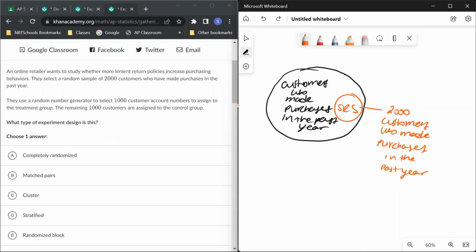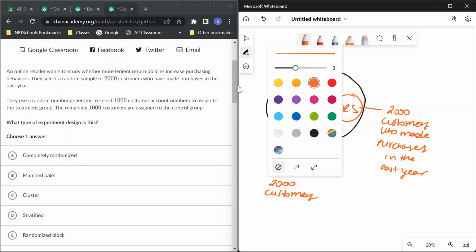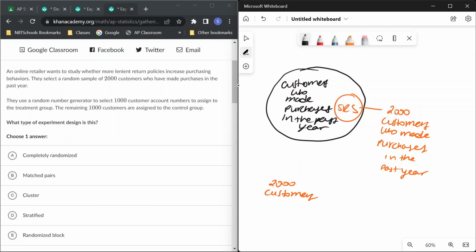So they use a random number generator to select 1,000 customer account numbers to assign them, and so on. Okay. So after they have the 2,000, so this is our 2,000 customers, we have a random assignment.